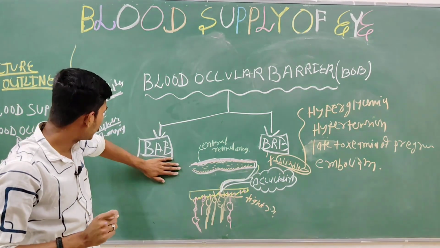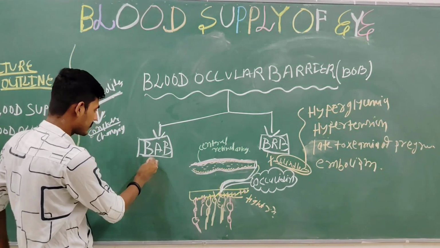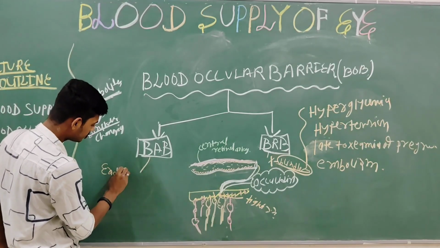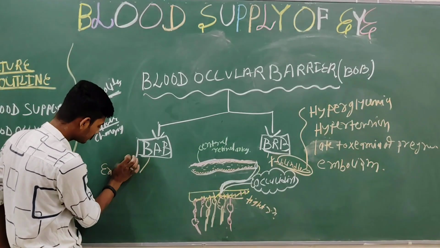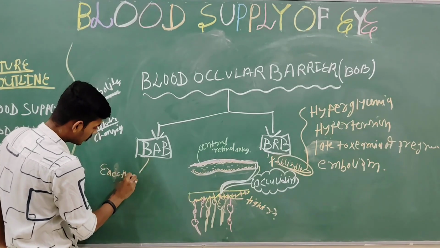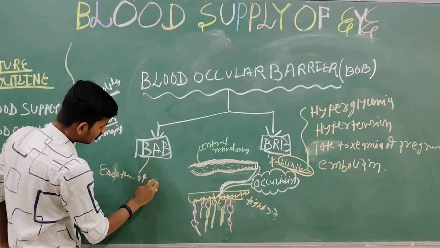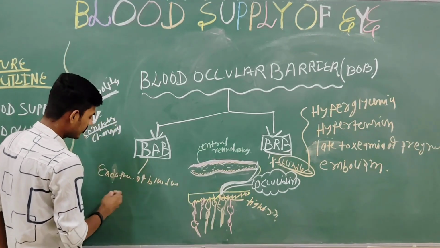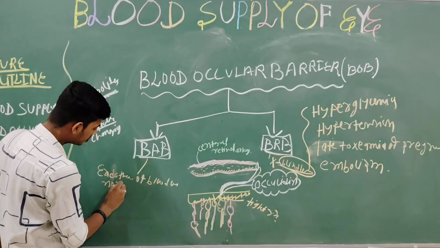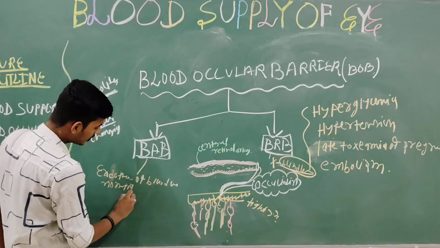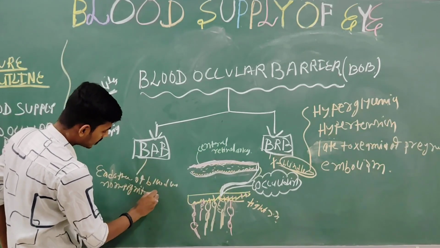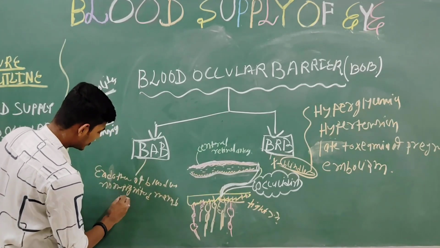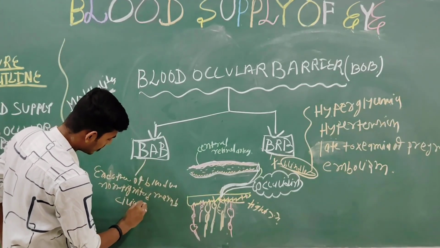The blood-aqueous barrier is present between the endothelium of blood vessels and the non-pigmented membrane of the ciliary body.